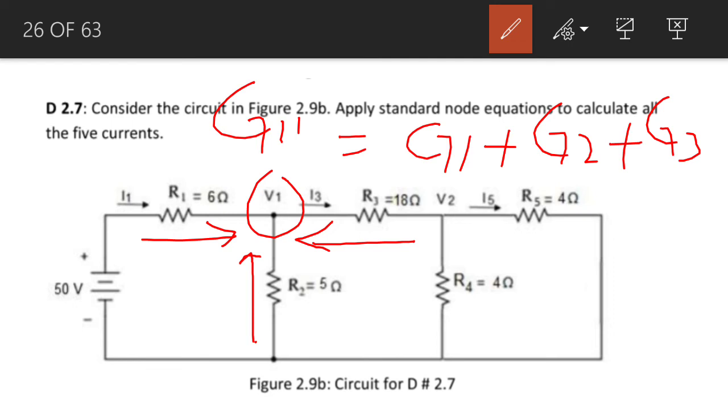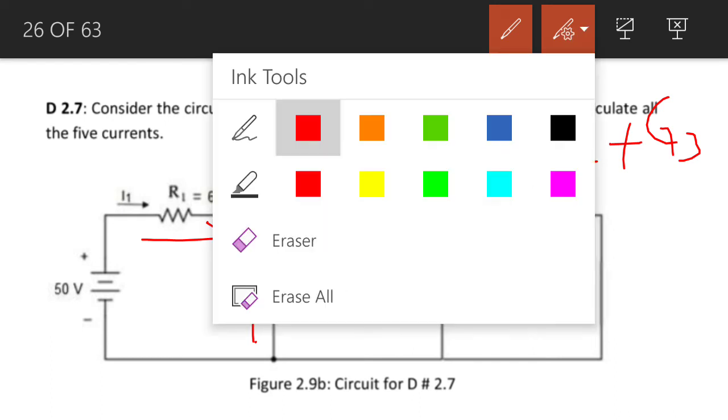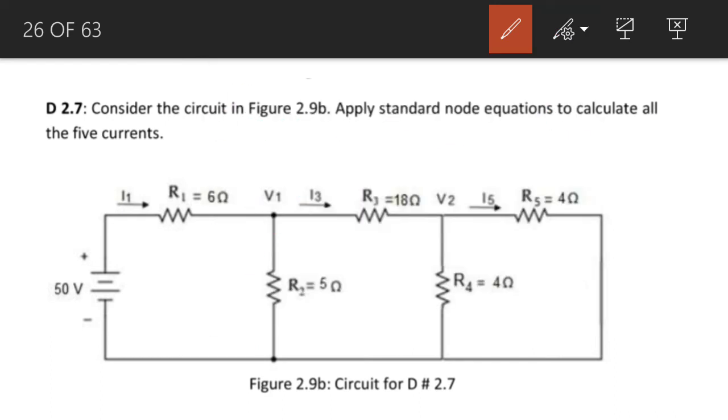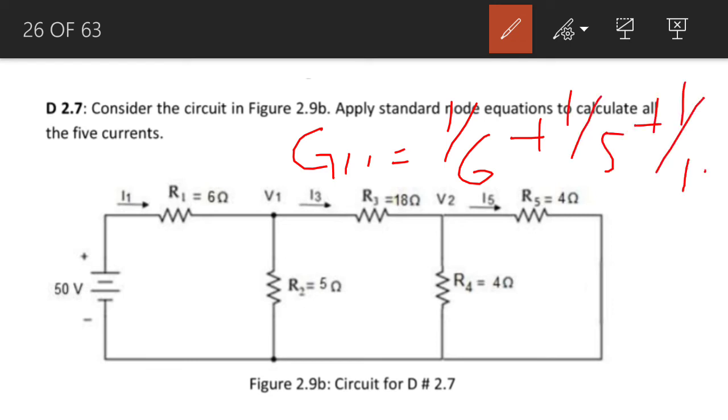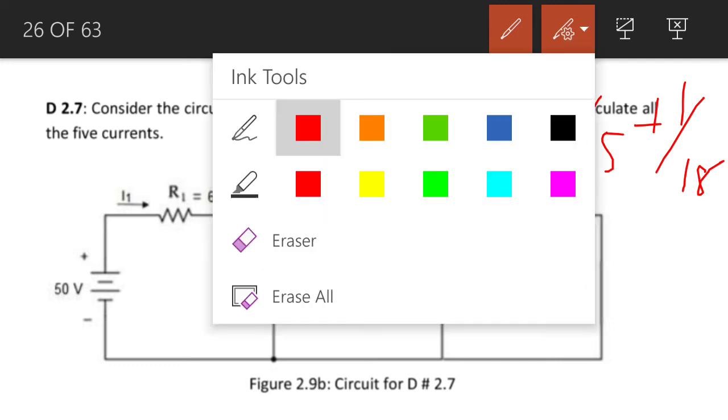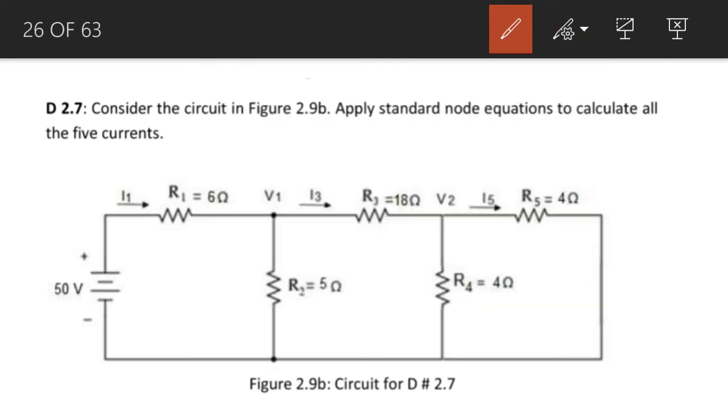So G1 will be equal to 1 over 6. So G11 will be equal to 1 over 6 plus 1 over 5 plus 1 over 18. So we will simplify the right hand side for G11. Anyhow, let us consider this equation in the solution of this numerical example.